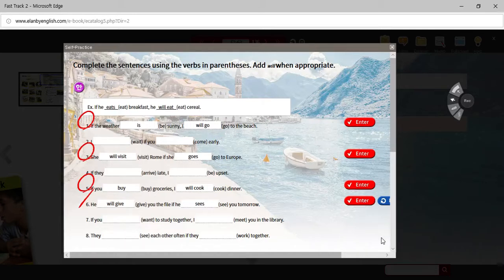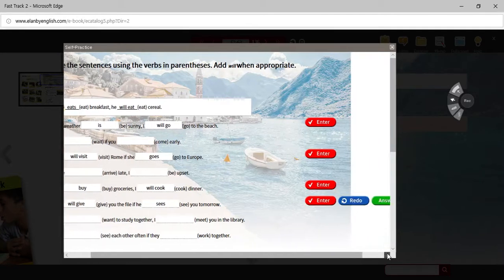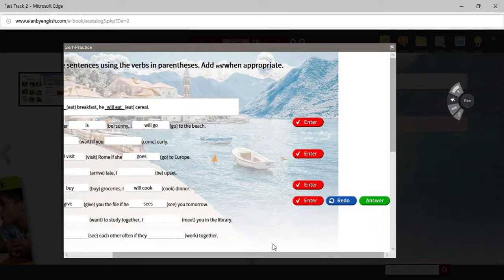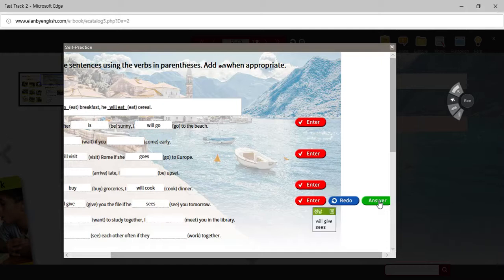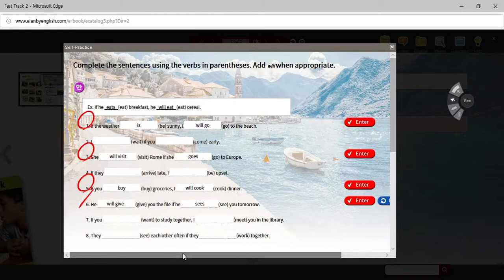All right, let's check that out. What's the real answer? For the answer, I put will give and sees. It looks like I'm correct. Okay, that was correct the first time I did it. Anyway, that is correct. He will give you the file.